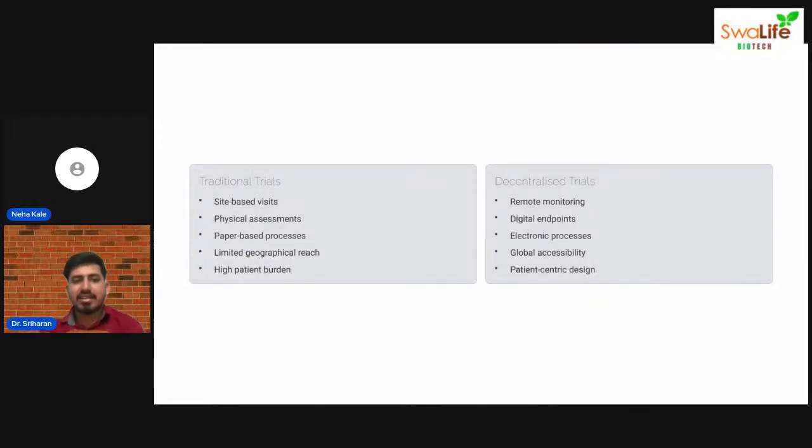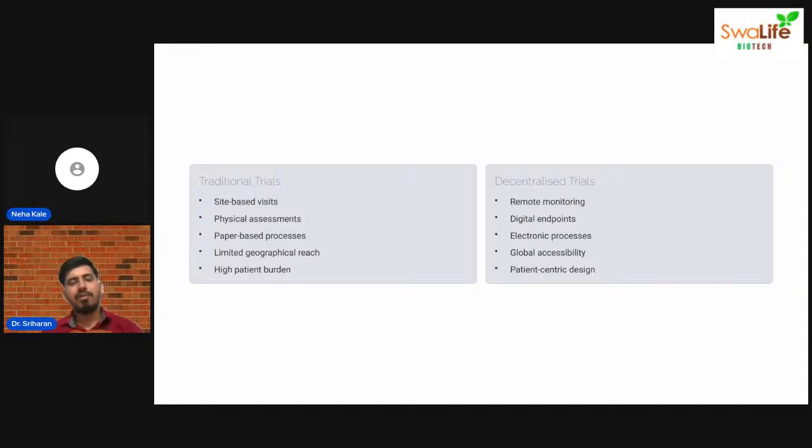Traditional trial and decentralized trial. Traditional trials take place with site-based visits, and the patient undergoes physical assessment and physical examination, with paper-based processes and limited geographical reach.